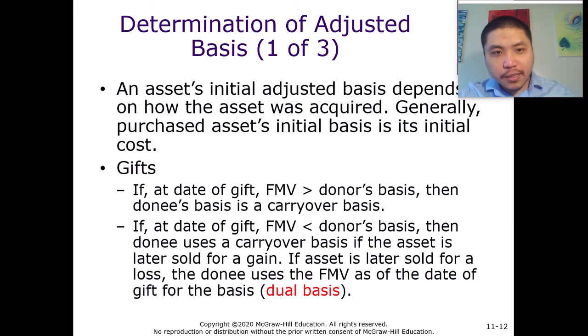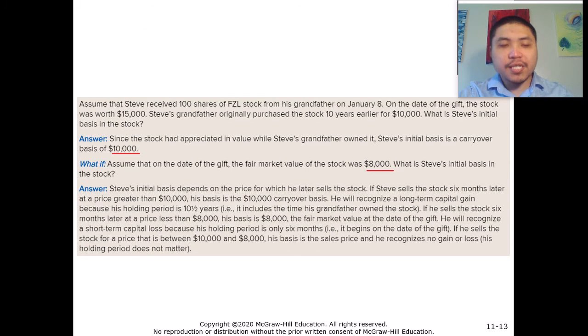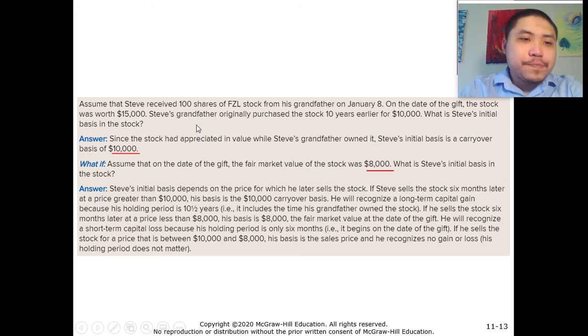So let's look at this example. Assume that Steve received 100 shares of stock from his grandfather on January 8. On the date of the gift, the stock was worth $15,000. Steve's grandfather originally purchased the stock 10 years earlier for $10,000. So what is Steve's initial basis in the stock?